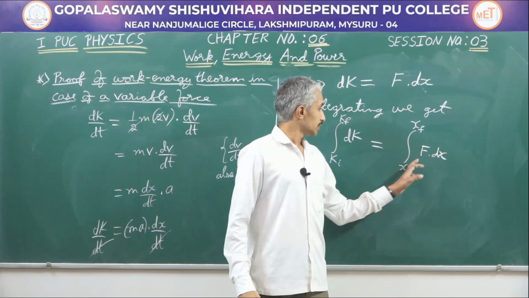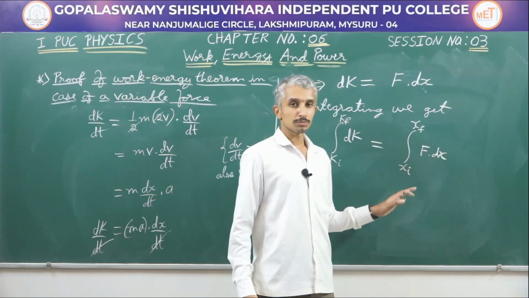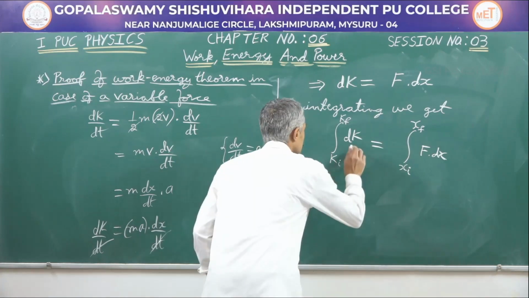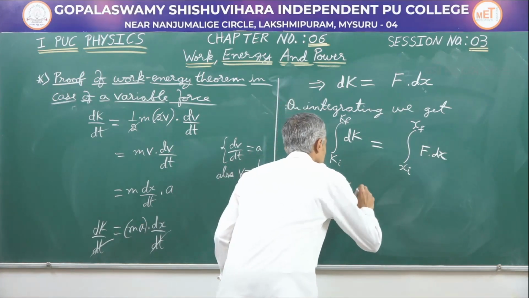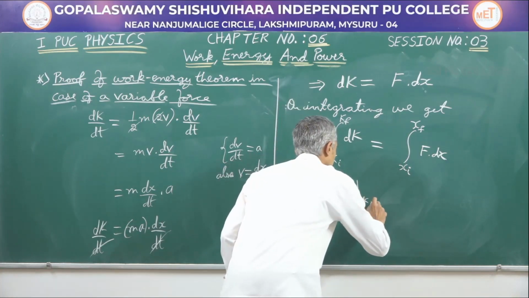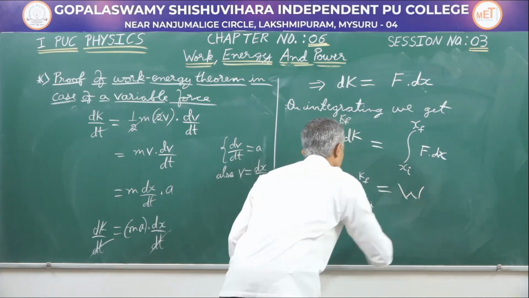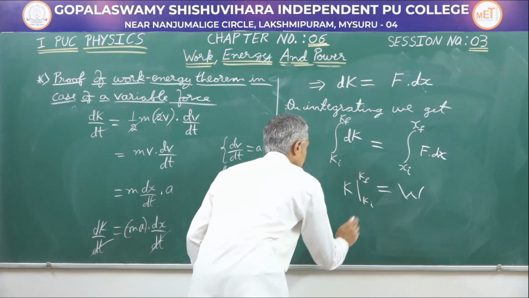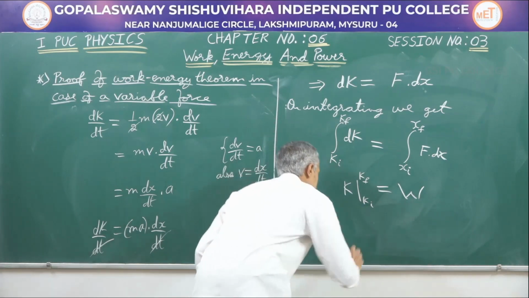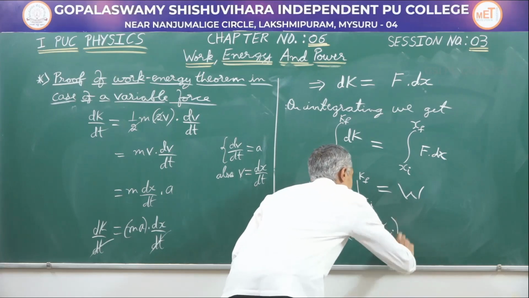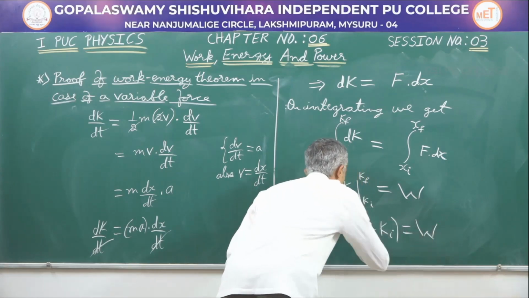Now, we know that integration of f dot dx is nothing but work done in case of a variable force. Therefore, integration of dk is nothing but kinetic energy k, and the limits are from initial kinetic energy to final kinetic energy, is equal to work done. From definite integrals, we can write this as final kinetic energy minus initial kinetic energy is equal to work done.